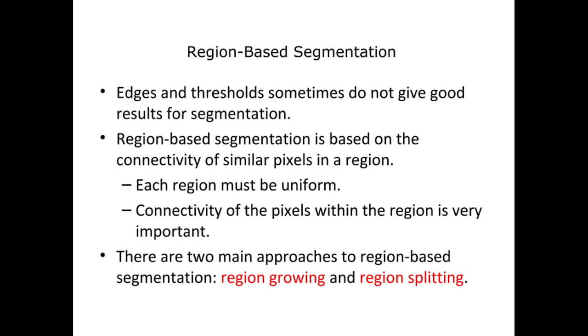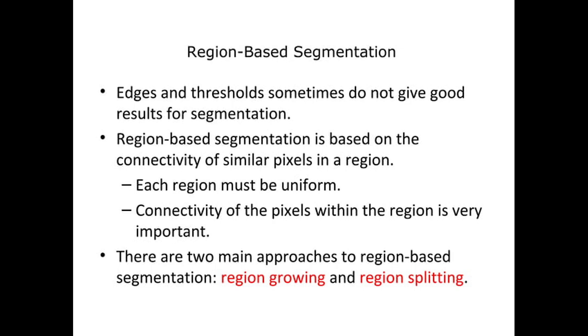First, what is this region based segmentation? Edges and thresholds sometimes do not give good results for segmentation. So what is the drawback? So far we have been doing edge detection and discussing thresholding. That won't always give good results, so we go for region based segmentation. The aim here is to give the connectivity of similar pixels in a region.